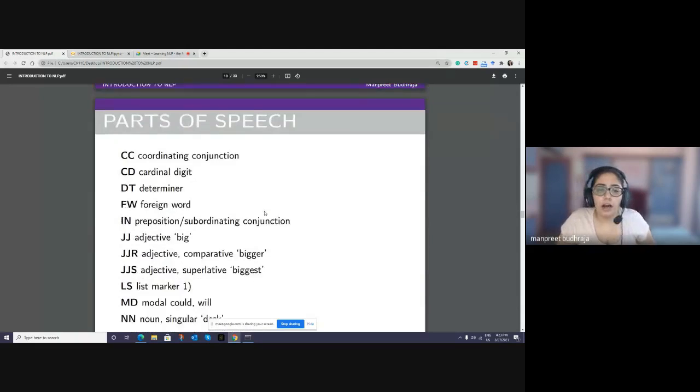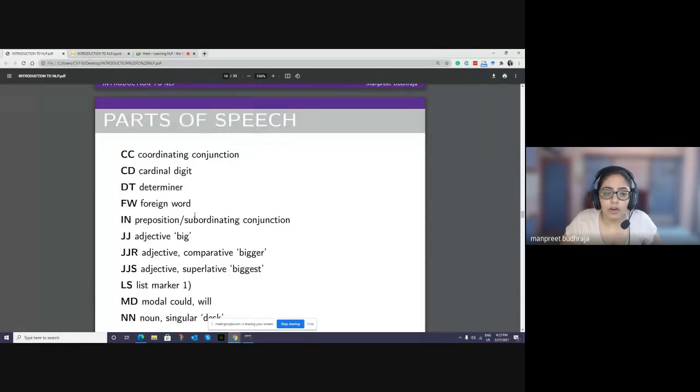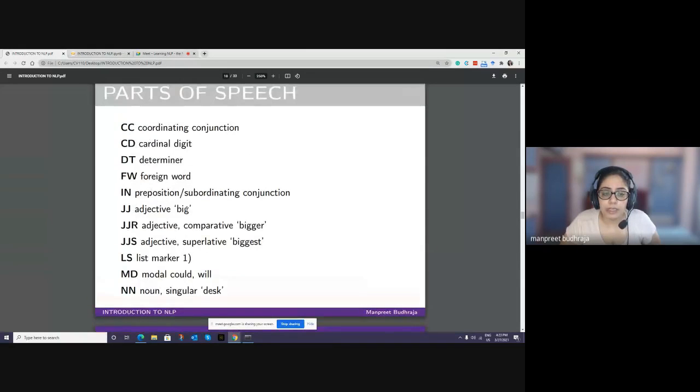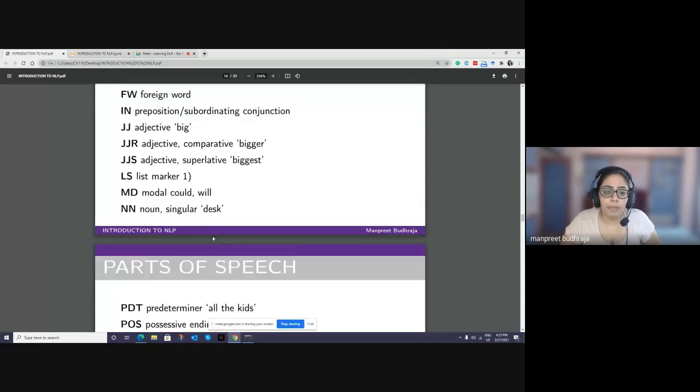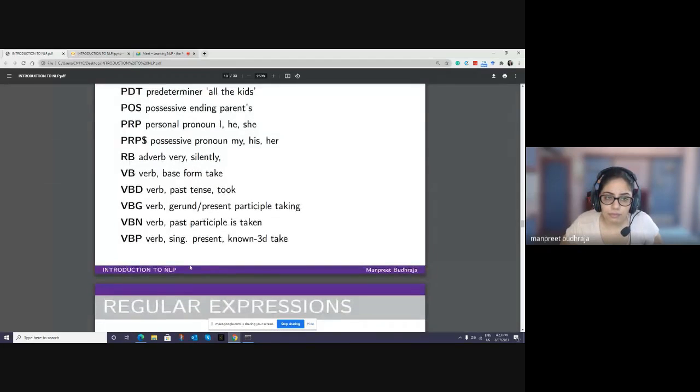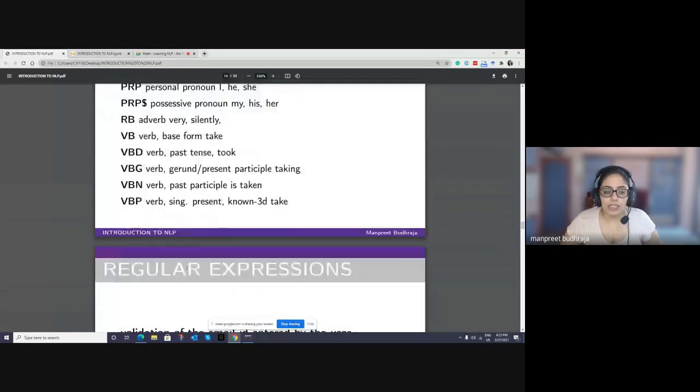So you have this many parts of speech when you're pre-processing for NLP. This is list marker, modal, noun singular, adjective. JJ means adjective. JJR means adjective, comparative. JJS means adjective, superlative, cardinal digits, determiner, and so many parts of speech are there in this.